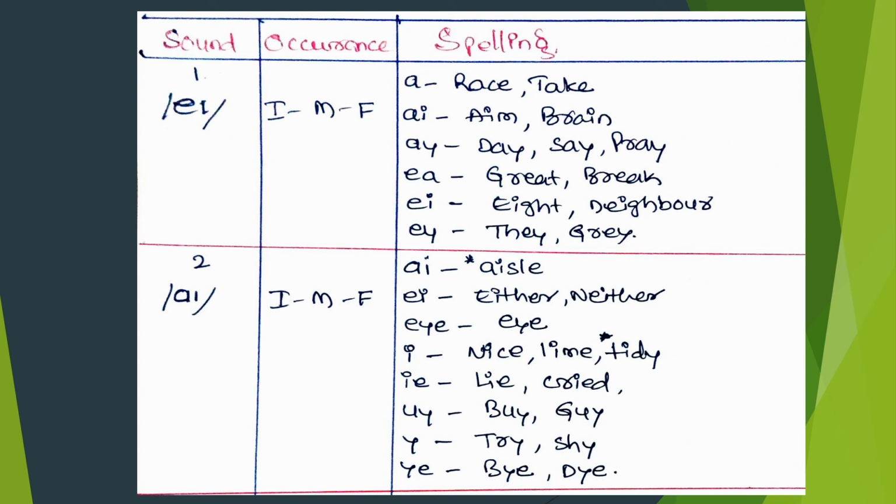I am applying dye to my hair, like that. Okay, finished? Noted down? You have to note down all these because the spelling is very much important. Until and unless you know the pronunciation of a particular letter in a particular word, you can't pronounce that and write the phonetic transcription.